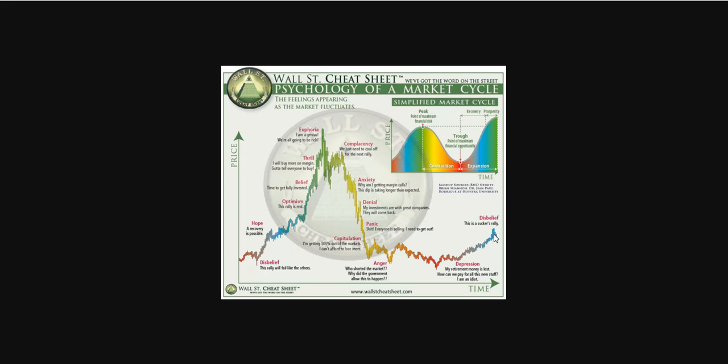Well, that's because it's a cycle that repeats itself, and as it repeats itself, this bubble that comes out of it is going to be bigger than this one. So that's why disbelief over here led into this bubble, but now disbelief here is already up in this price zone, meaning that when this manifests over here, it's going to be bigger than this one. So that's just the general way that things flow in the markets.